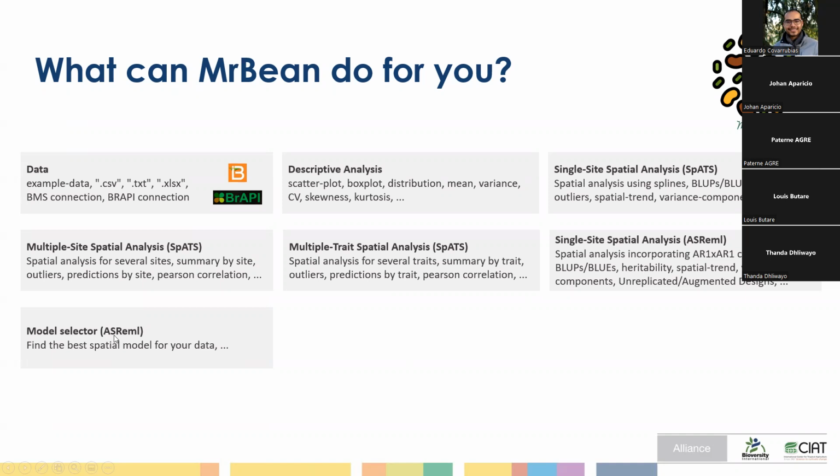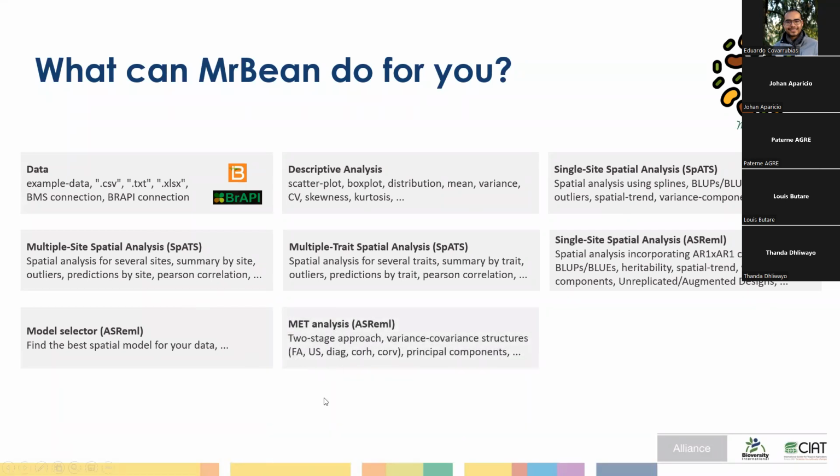That's why we try to create something like this to select the best one using REML. That's something we don't need in SpATS because the approach is a little different, but we get almost the same results with SpATS and ASREML when it comes to one single site analysis.